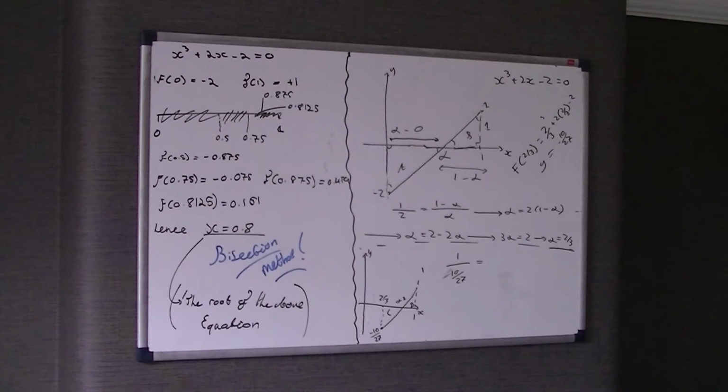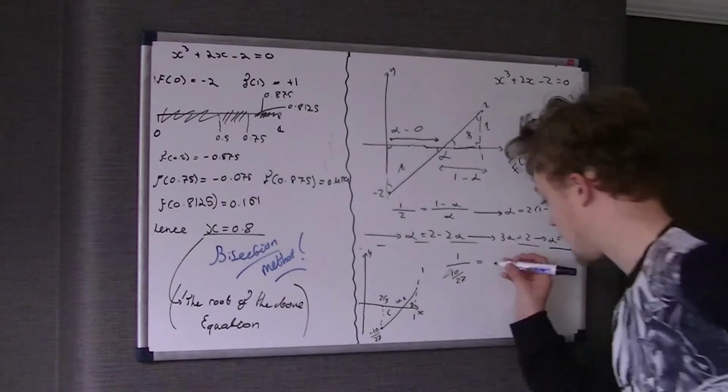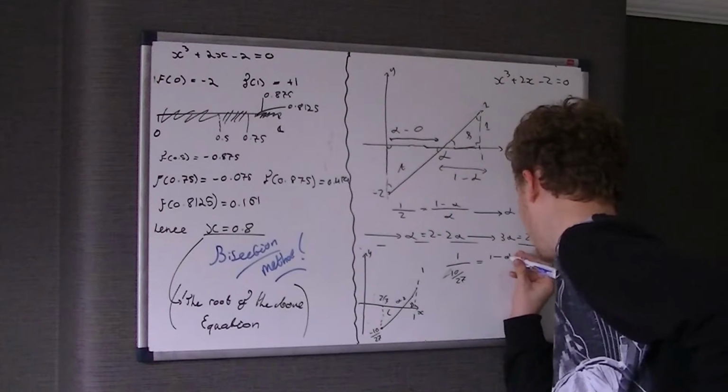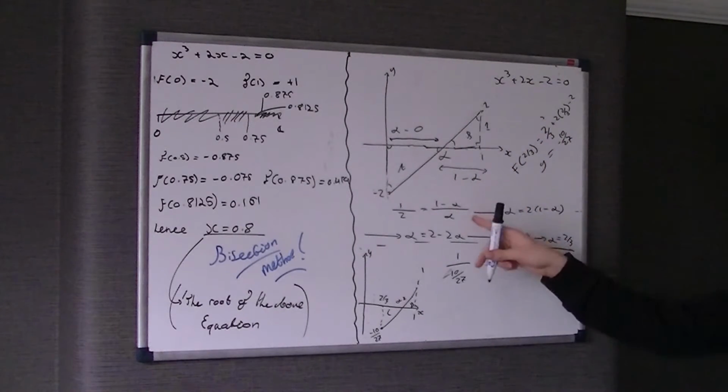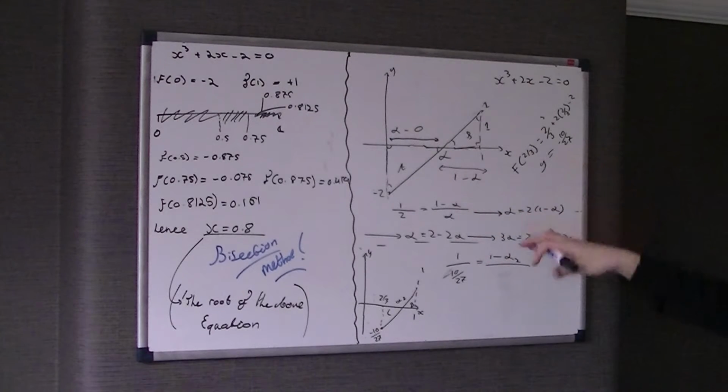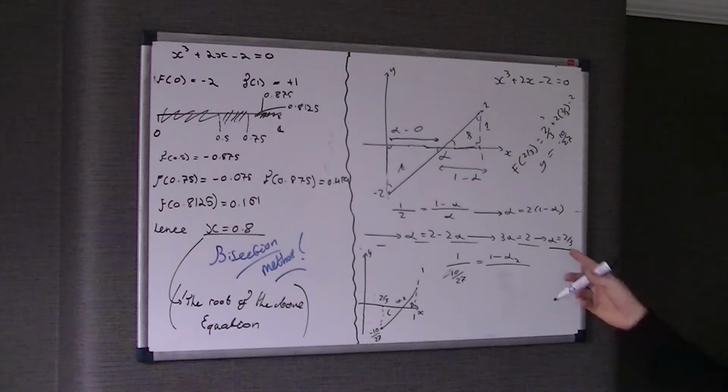Then that's equal to the length of D over the length of C. The length of D is the same, it's 1 take alpha. Now I put a little subscript 2, because it's a second approximation. Just be careful not to confuse it with 2 alpha.